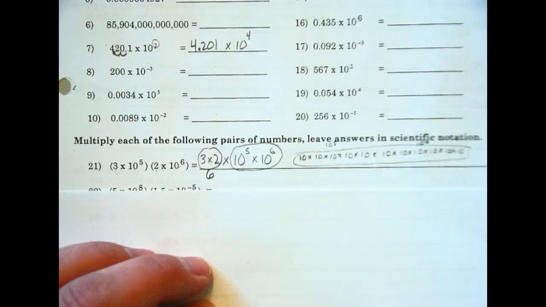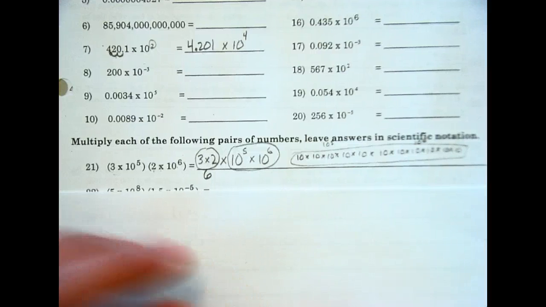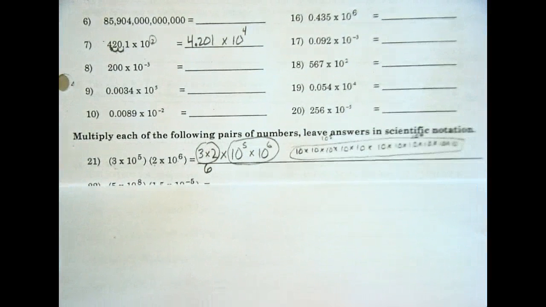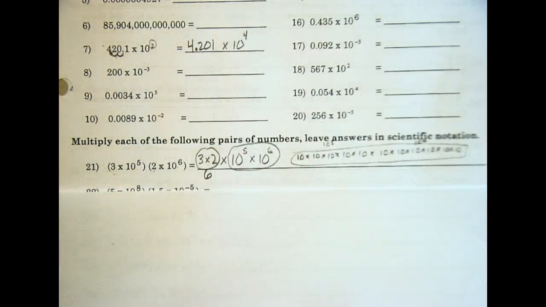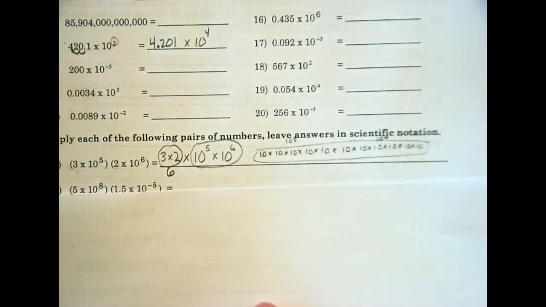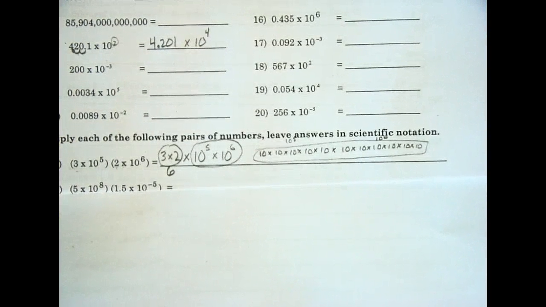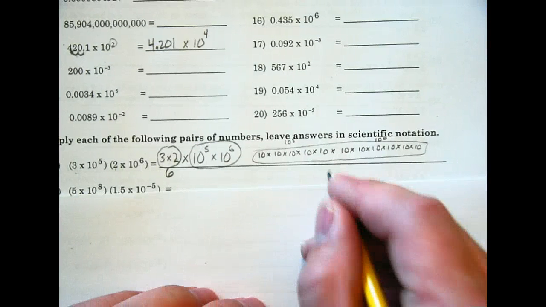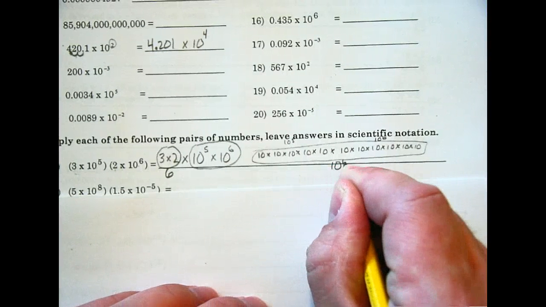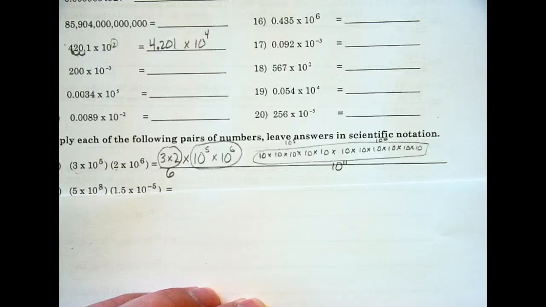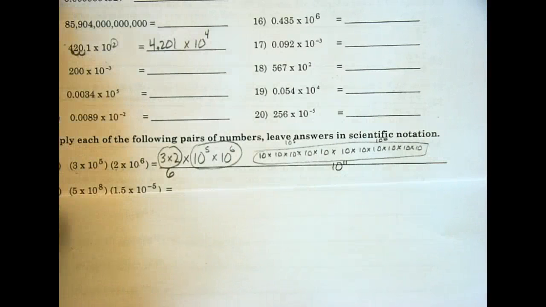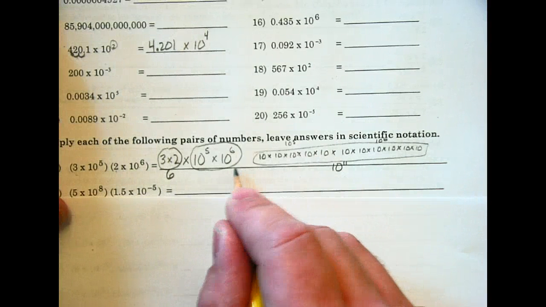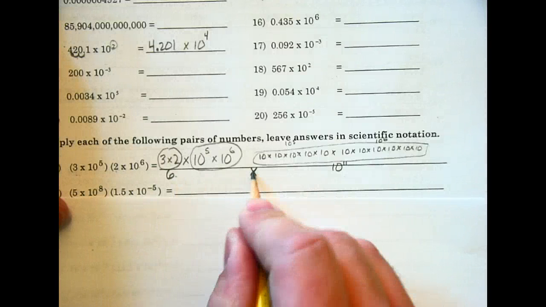A quicker way to think of that is to just add those powers up. So this becomes 10 to the 11th. All right, so what is our answer? Our answer is actually 6 times 10 to the 11th.